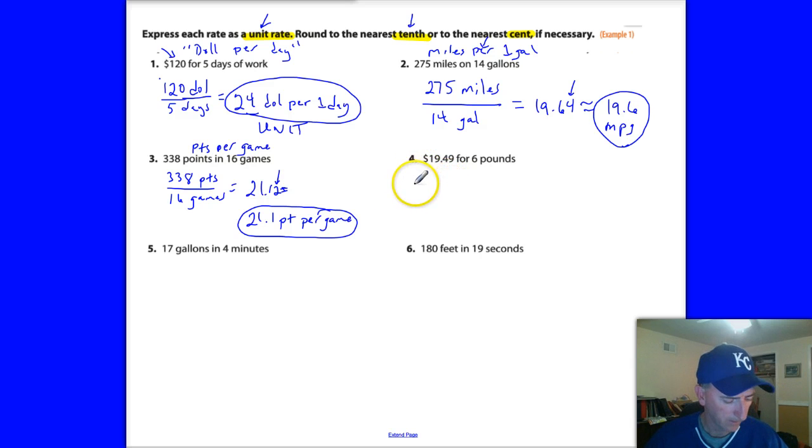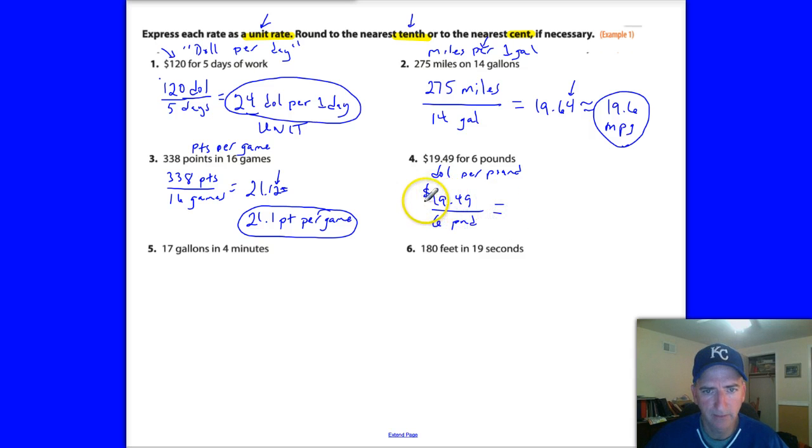Number 4 here, dollars per 6 pounds. So here you're buying something at the store, some meat or something. 6 pounds, $19.94. So you want to know how many dollars per pound. $19.49, I'll just do that for dollars, per 6 pounds.